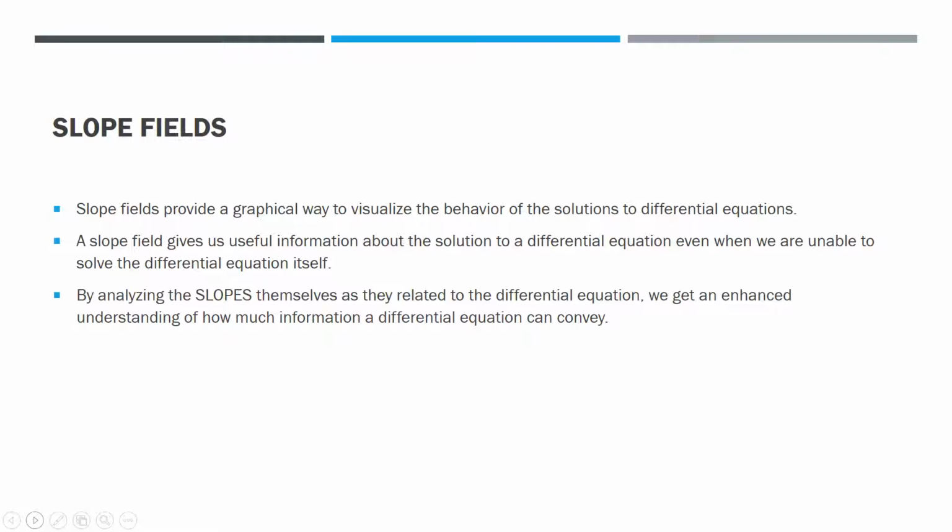We use them together. And then analyzing the slopes, which are the derivatives of the function, allows us to create that relationship back to the original function. So slope fields are kind of an enhanced way of seeing a differential equation in general, and then seeing it at a particular solution when you plot a point.